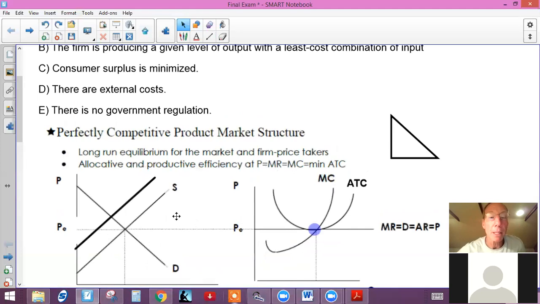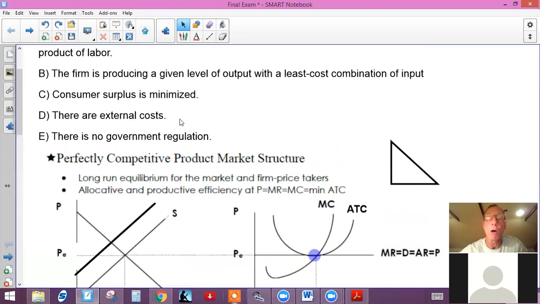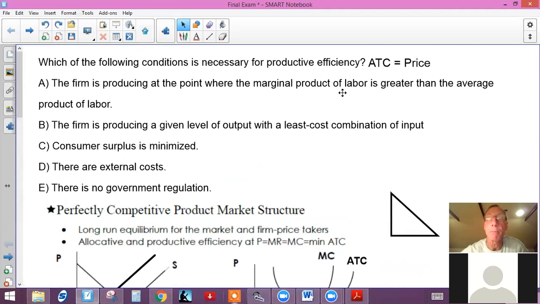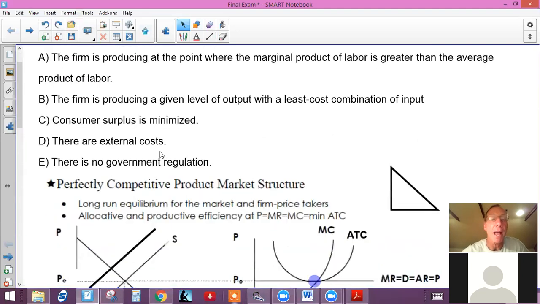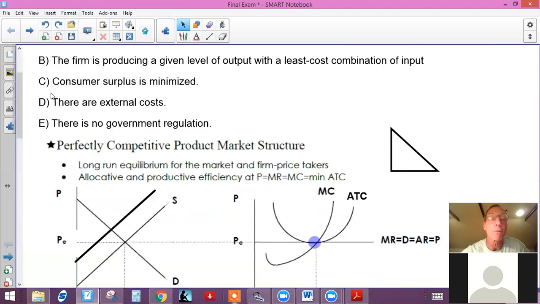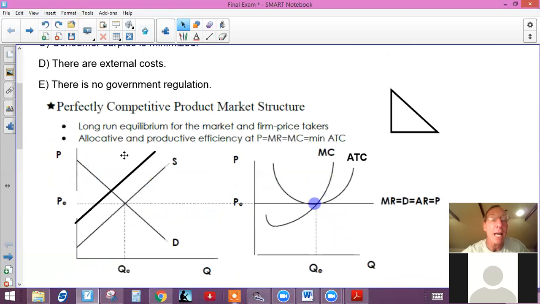But so you would know it's a wrong answer because you can certainly be productively efficient without having any external cost. However, looking at this wrong answer reminds you that you need to understand what's going on.